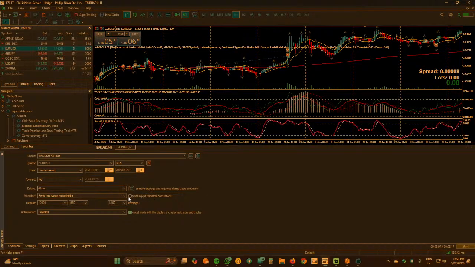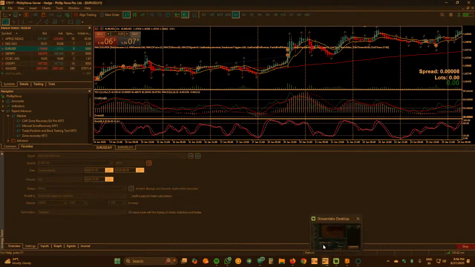Profit in pips for faster calculation. Okay. Let's start. So I'll keep this practice running.